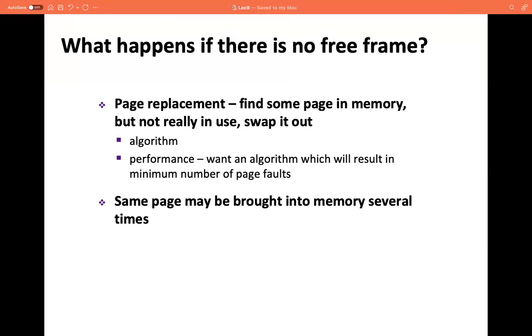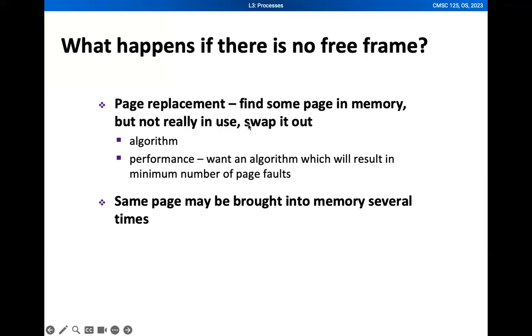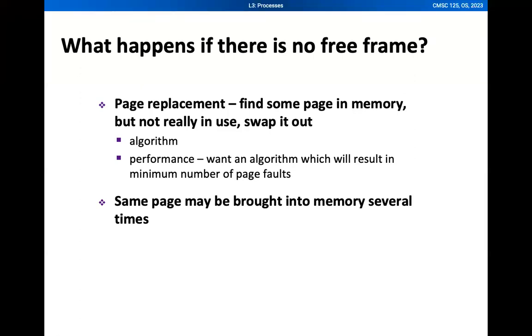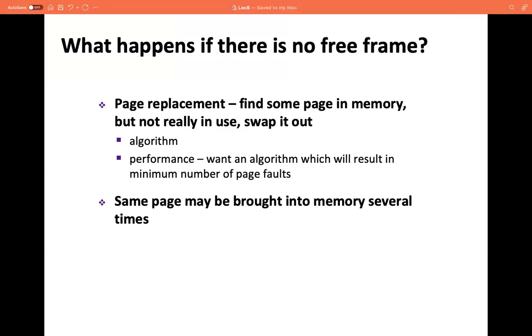We can swap that out and replace it with the desired page that we need. There will be several algorithms for page replacement that we will discuss in the next few videos. And of course, we want our algorithm to result in a minimum number of page faults.